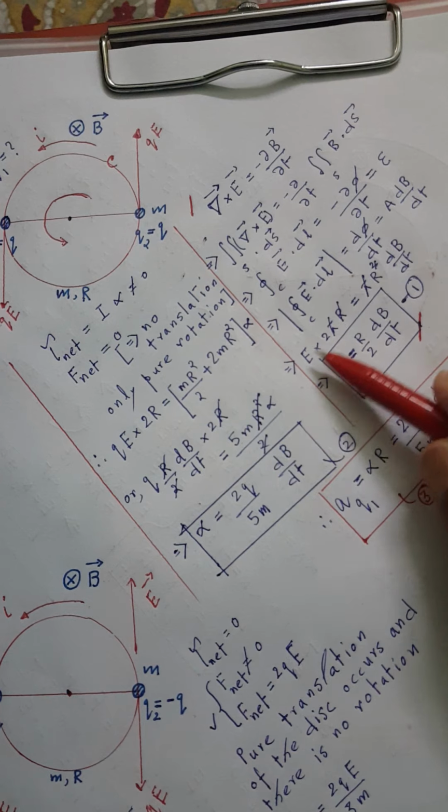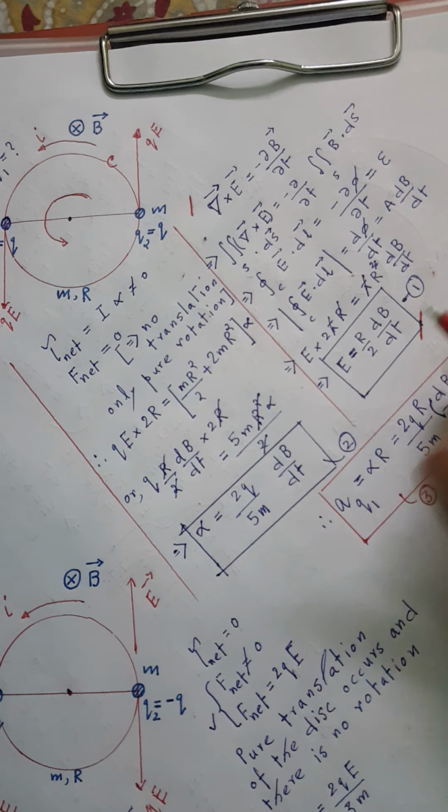So E into 2 pi r equals pi r square into dB/dt, and from here you got E equals r by 2 dB/dt.